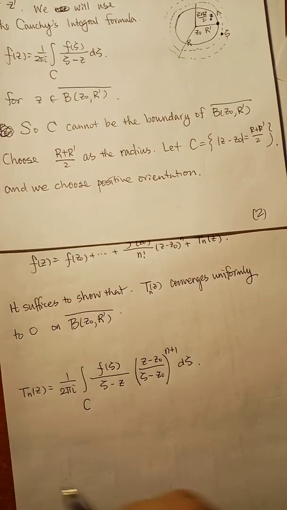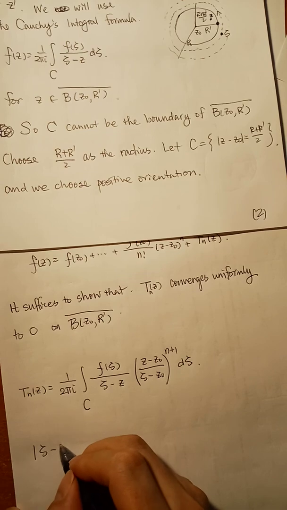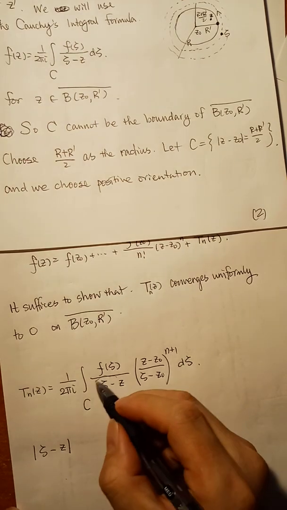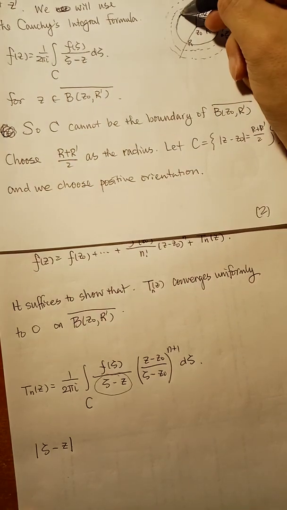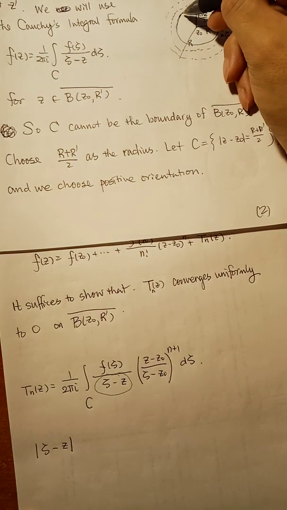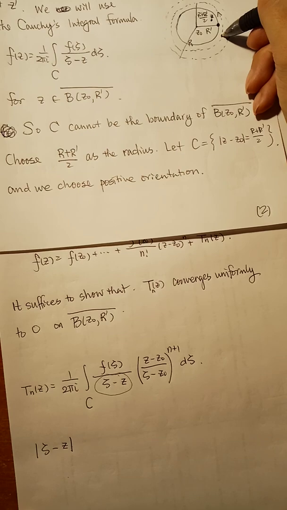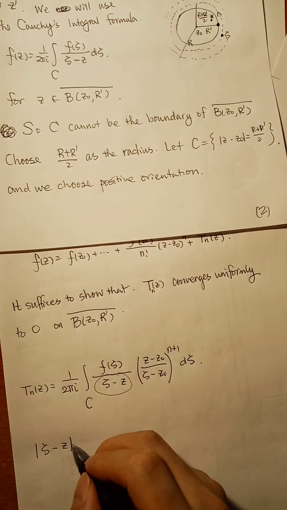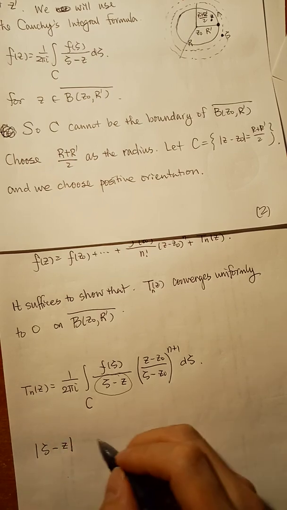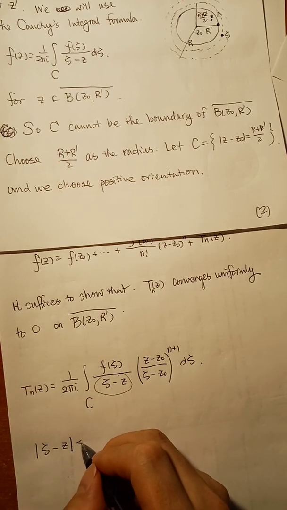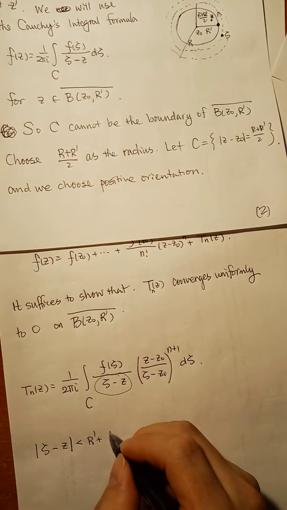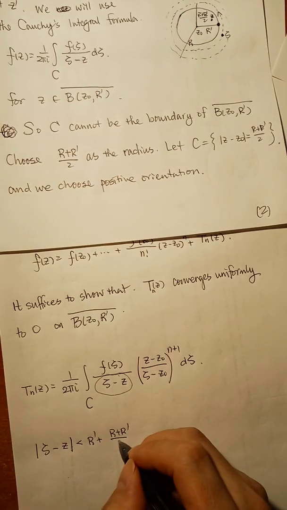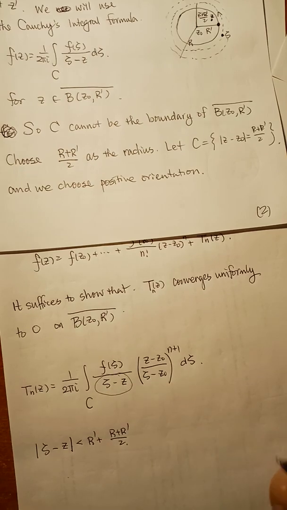Okay, so the distance between theta and z, let's see the denominator. The distance can be very far, as you see: this distance is at most this radius plus that radius. So it is bounded, it's less than or equal to r' plus r'/2. One radius plus the other radius.